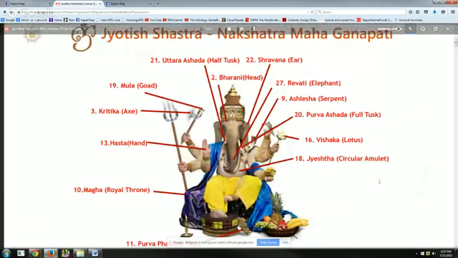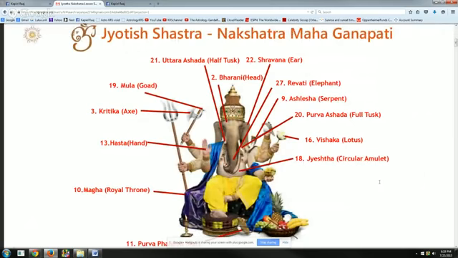Kapil, I put this slide as a slide for Maha Ganapati. Now, Ganapati is called the Lord of Jyotish. Jyotish is one of the Vedangas. Vedanga means it is a limb of the Vedas.